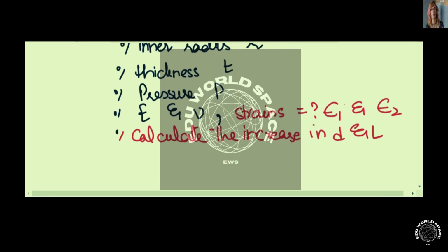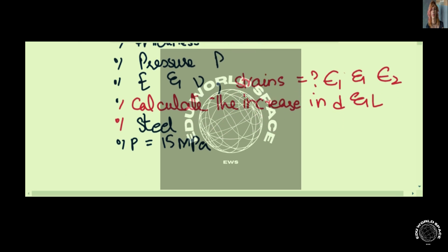Now, it tells us that the vessel is made of steel material, right? And it says that the internal gauge has a pressure of 15 megapascals, right? The length of the vessel is 3 meter long, right?